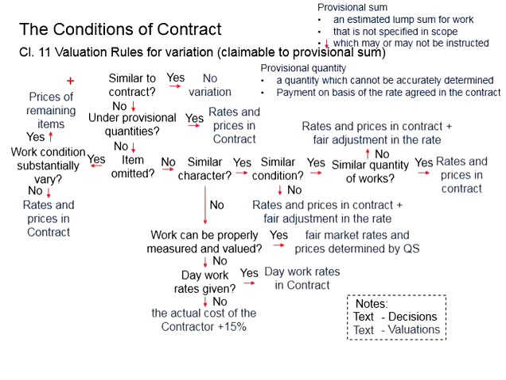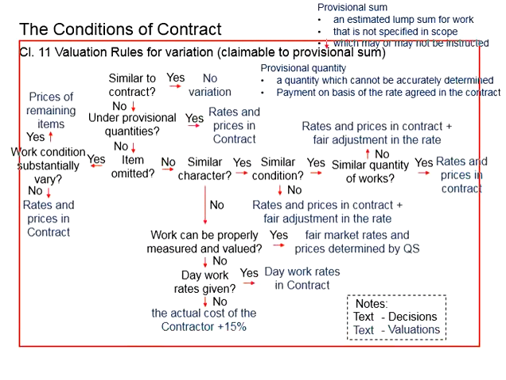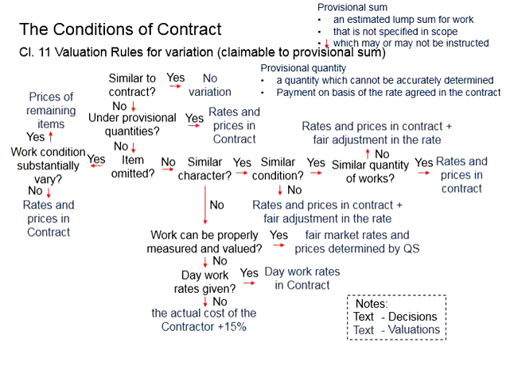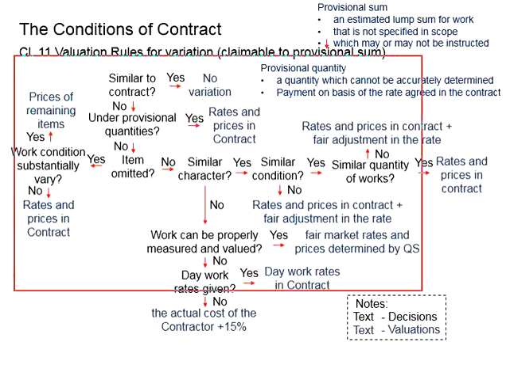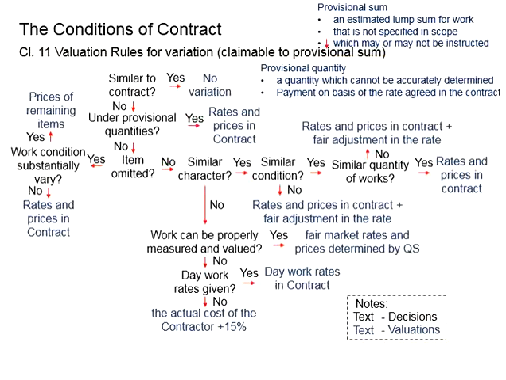In our previous videos, we also worked out a flowchart to simplify what is stated in terms of the rules of valuations for the variations. For more detail, you may refer to the videos.